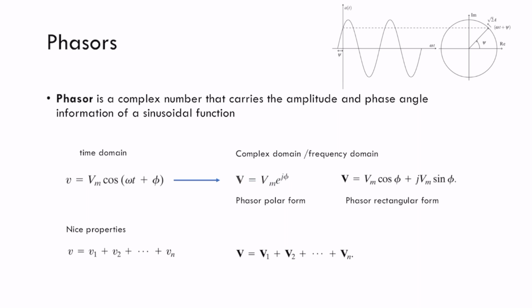If you sum up several sinusoidal waves, you can sum up sines and cosines, then arrange all these terms, and come up with something else. This is the same if you are summing up phasors. Why is this very nice? Because it's much easier to sum complex numbers than cosines and sines. And this is something that we are going to exploit.